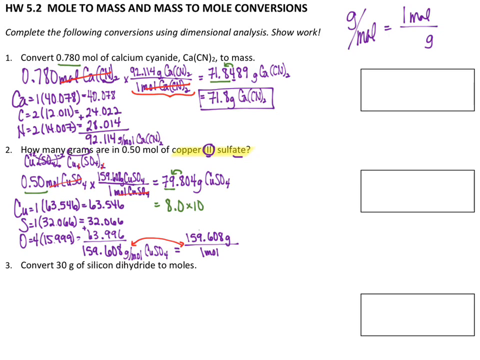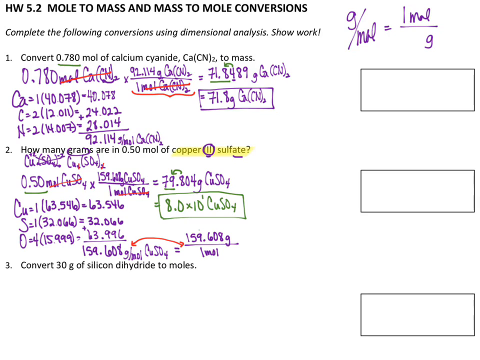So 0.79804, and this becomes 8.0 times 10 to the first power, and we're talking about copper sulfate. Since my exponent is positive, I'm going to be moving my decimal point over to the right one place. But I accepted 80, and I didn't have my students apply scientific notation.